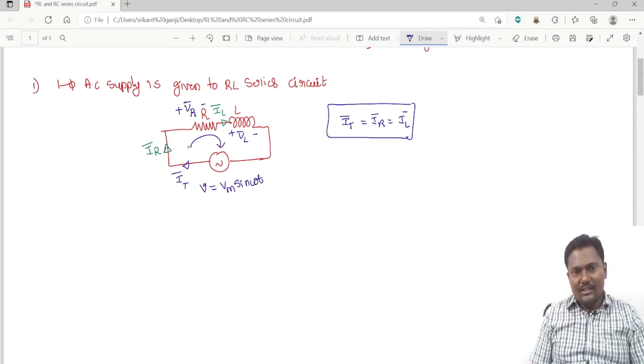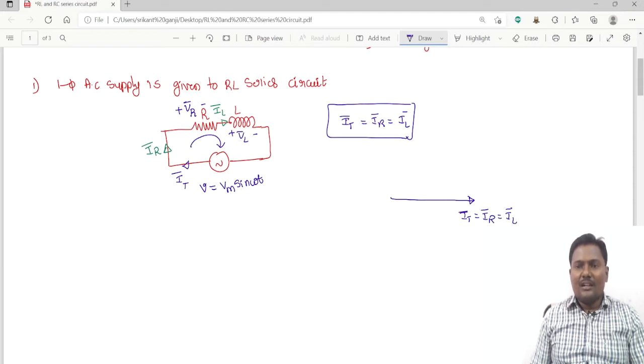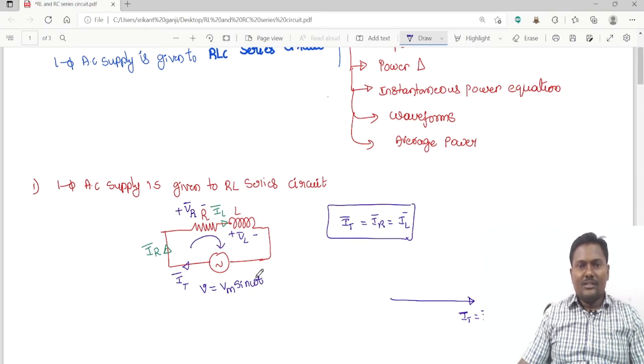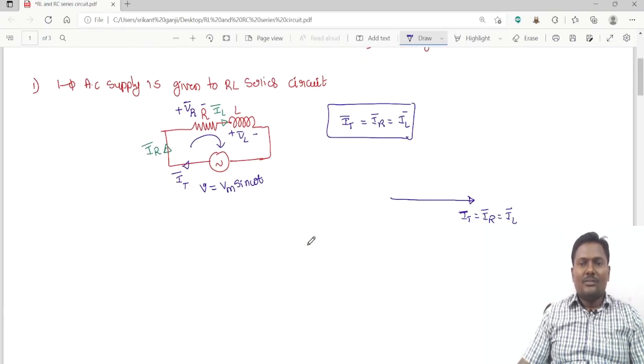Since the current flowing through all the elements is the same, I am taking the current as the reference: I total bar equals I_R bar equals I_L bar.